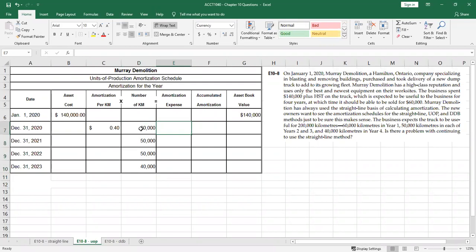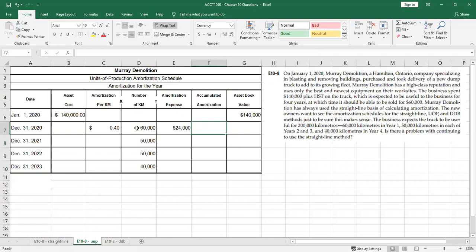Okay, so amortization expense, like we said in step two on the slide, is we take the amortization per kilometer and we multiply it by the number of kilometers driven in that year. So amortization expense for 2020 is $24,000. Okay, remember, accumulated amortization is just the amortization that's accumulated so far.